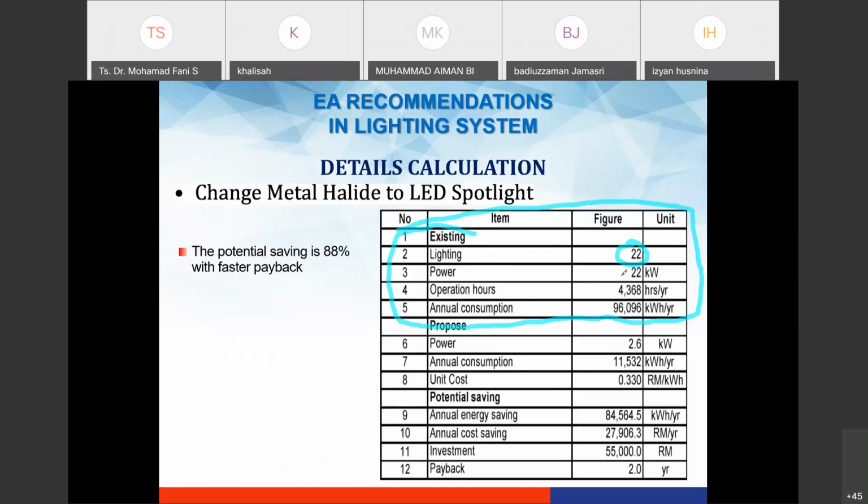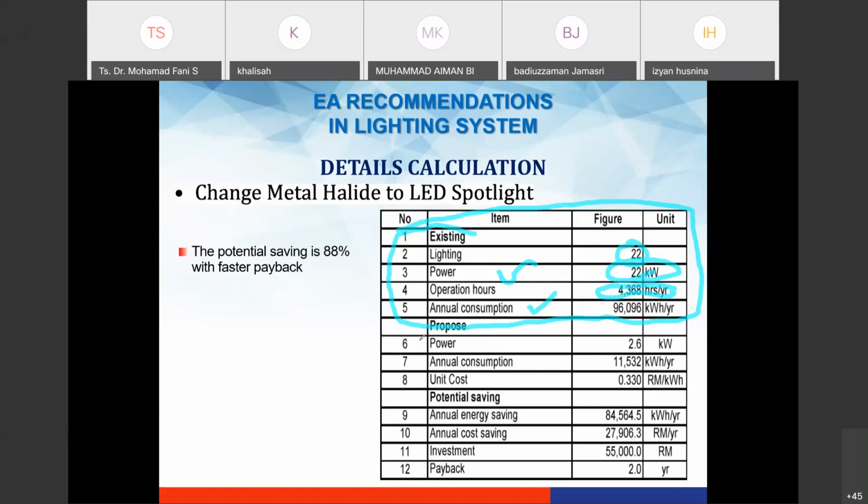The power for every single lamp is 1000 watt, so the total power is 22 kilowatt, and multiply with total hours yearly, we can get the annual consumption for this existing one.